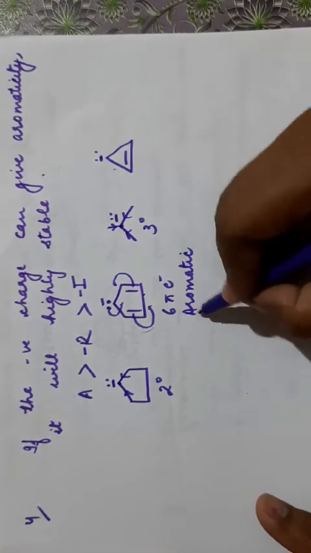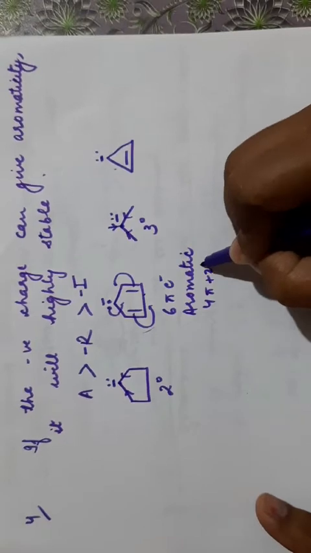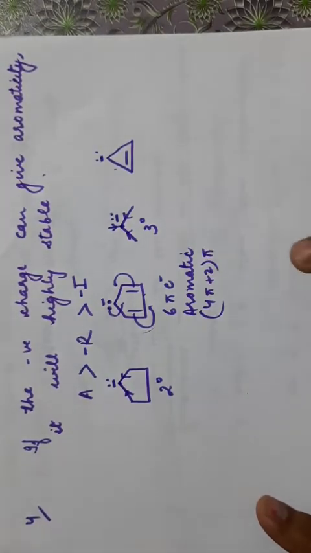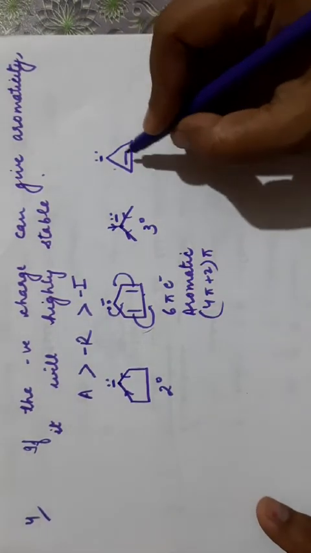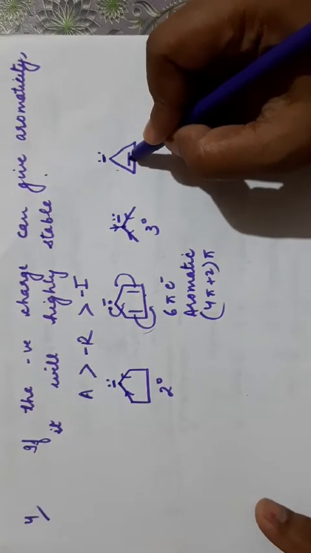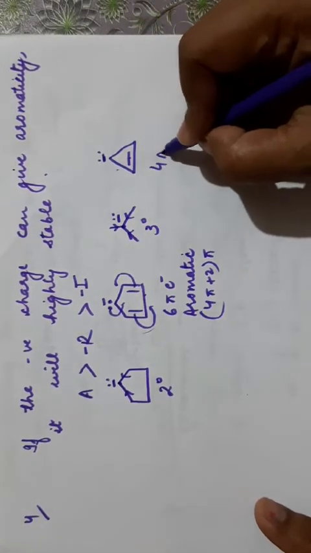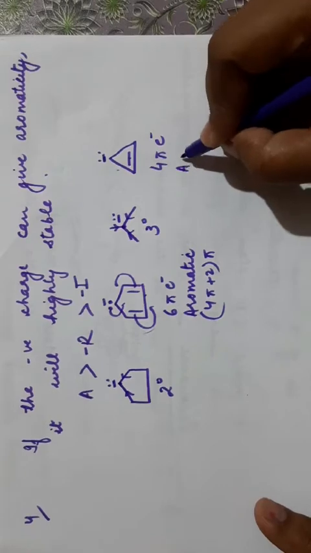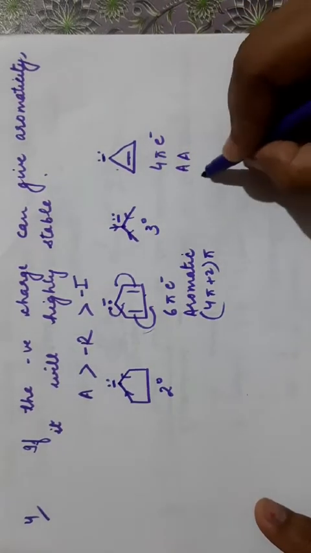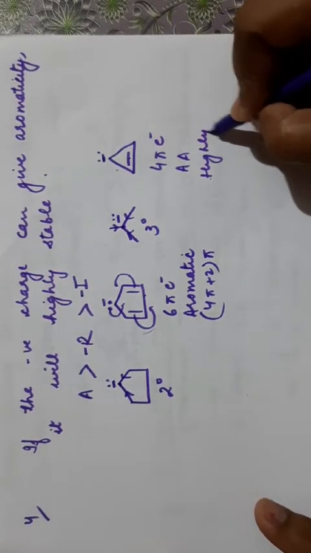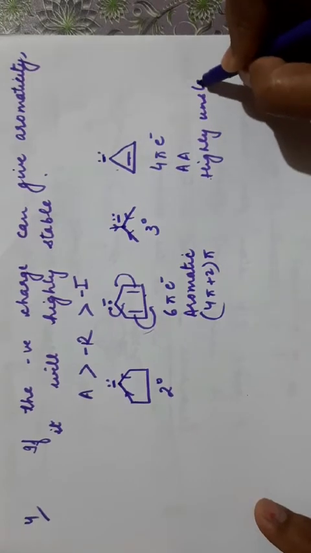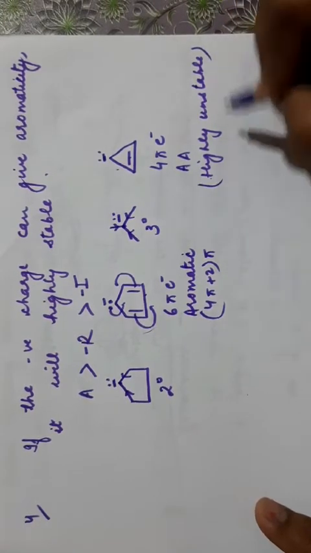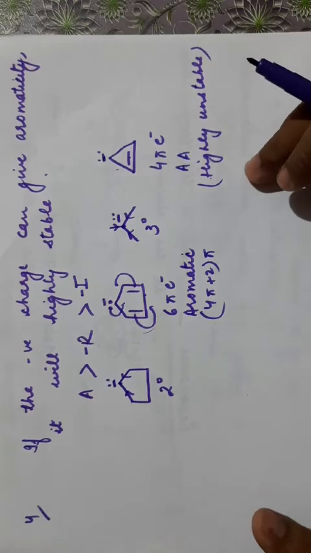When there are 6 pi electrons, by the 4n plus 2 pi electron rule, it will be aromatic in nature. So this is aromatic. Now here there will be 2 plus 2, 4 pi electrons. It is anti-aromatic in nature, and anti-aromatic species are highly unstable. It will not exist at room temperature. So such species which are anti-aromatic are highly unstable.